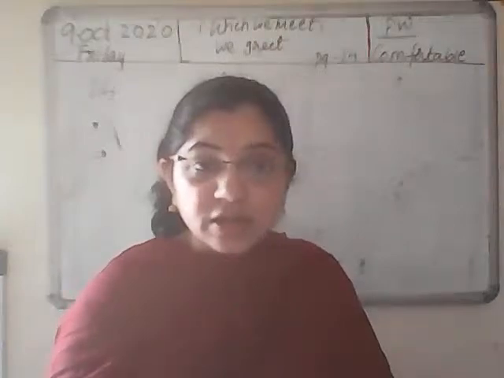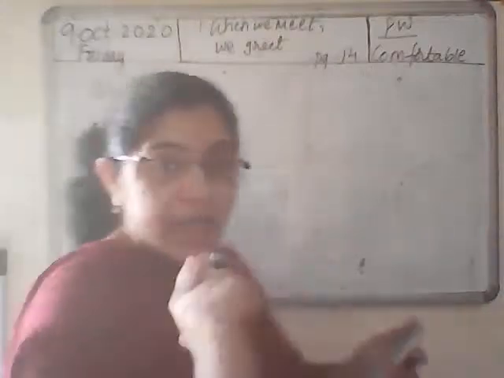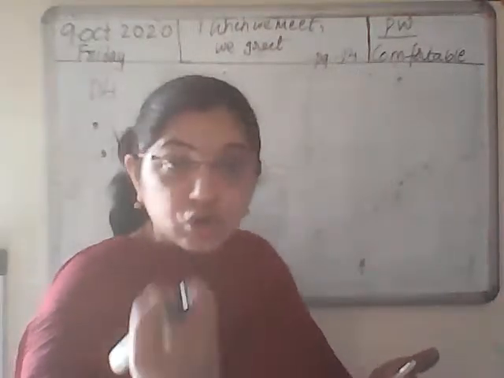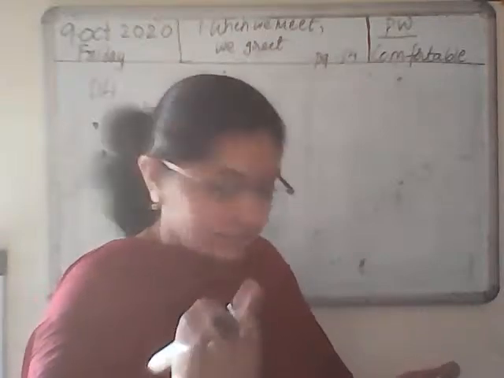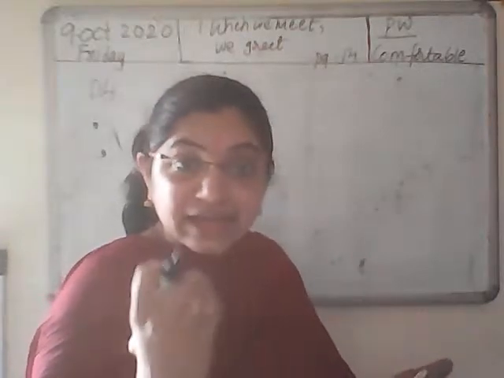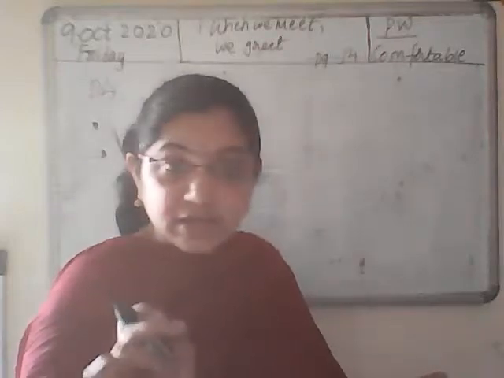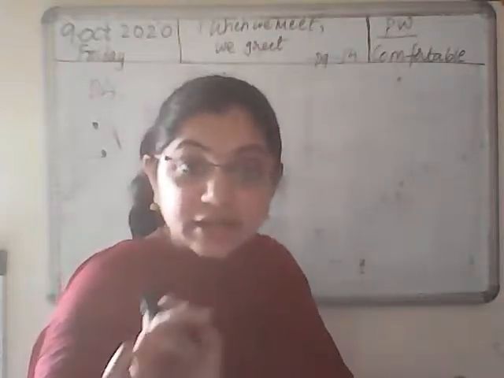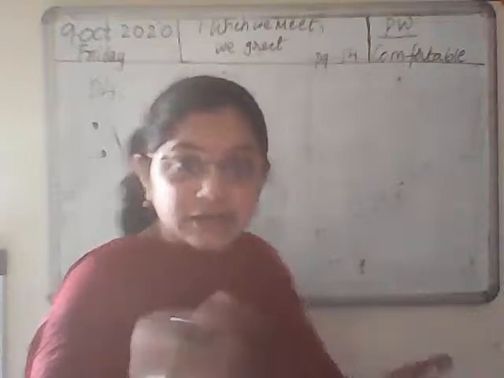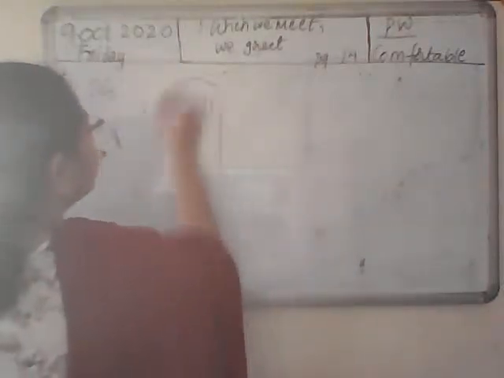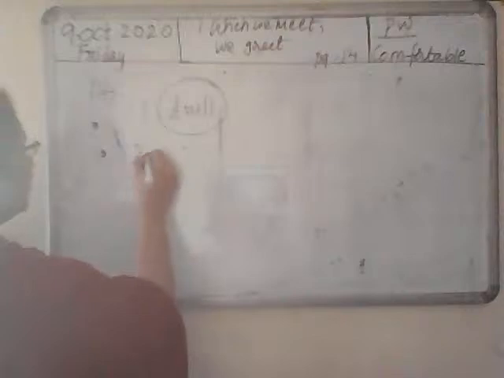Which is the odd one? In the first row, which is the odd one? Grape, gr. Group, gr. Grin, gr. Grease, gr. And the last word is drill, which is dr. Yes, so drill is the odd one. D-R-I-L-L, drill. Circle this drill.